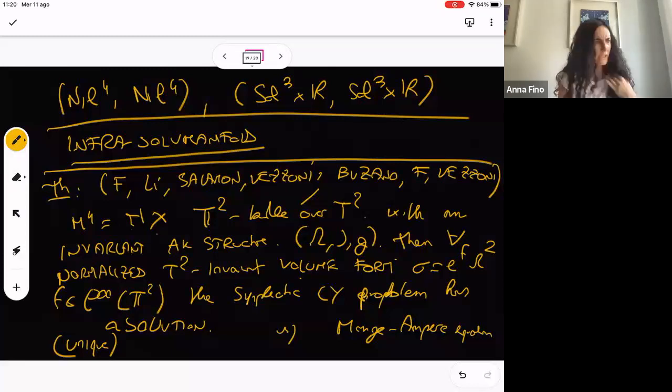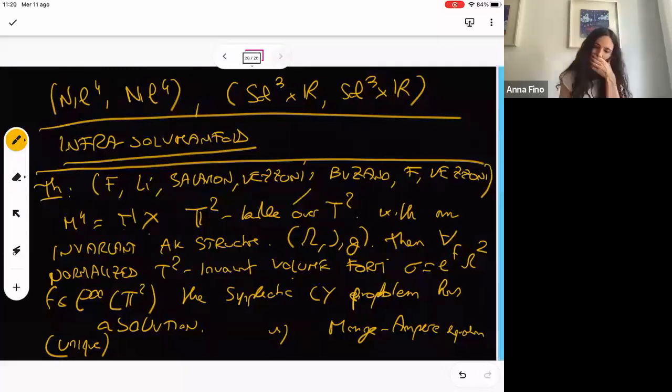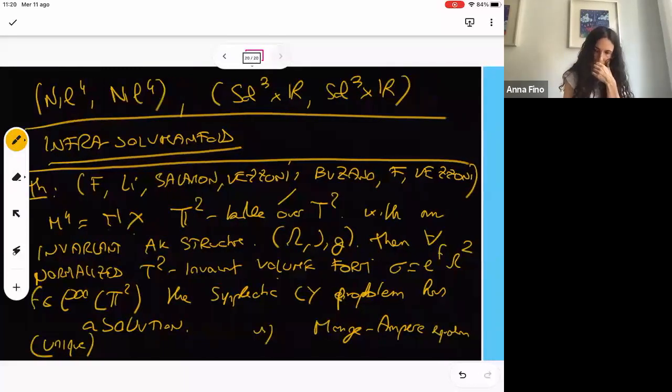I want to finish in the last few minutes with another result, the last one, with Buzzano and Vezzoni. The idea is, in the Kodaira-Thurston manifold, not to have any assumption on the volume, because we have this assumption that the volume has to be T2 invariant.